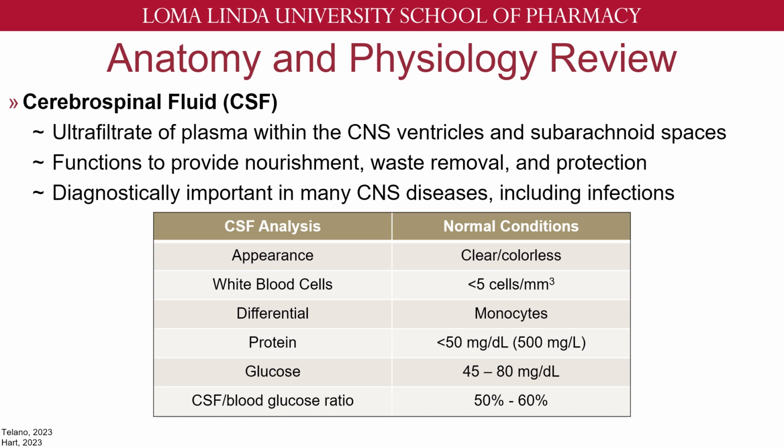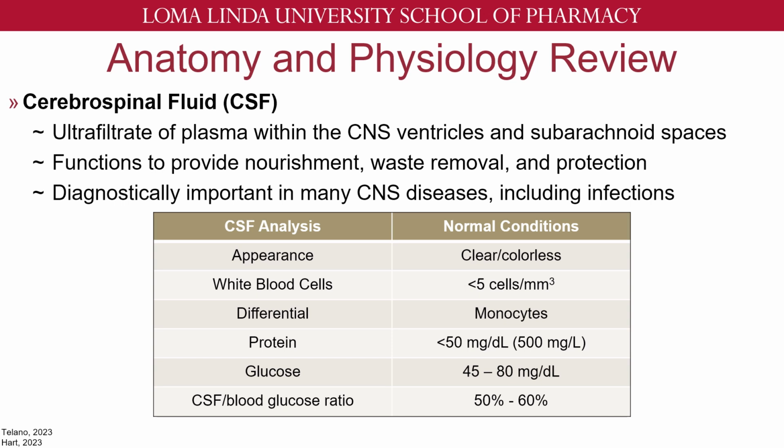Now, within the central nervous system, we have a special fluid called the cerebrospinal fluid, commonly abbreviated as CSF. CSF is an ultrafiltrate of plasma within the CNS ventricles and the subarachnoid spaces, and it has similar functions to the blood in the rest of the body.